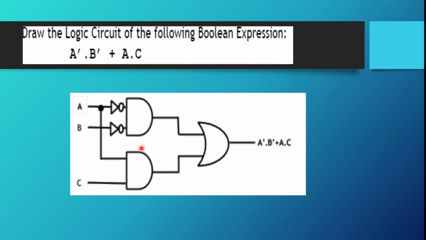For the other one also we have taken an AND gate because it is A and C. Now we can see that it is getting the inputs from A and C. Finally, since both of them are ORed, we have taken an OR gate, and this is the final output, which is what we are expecting.